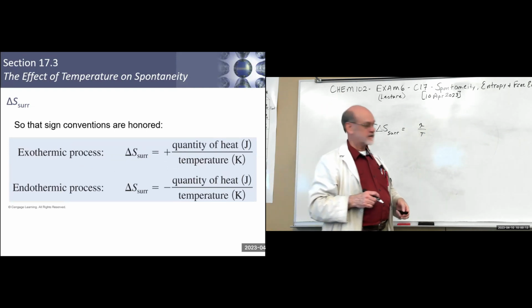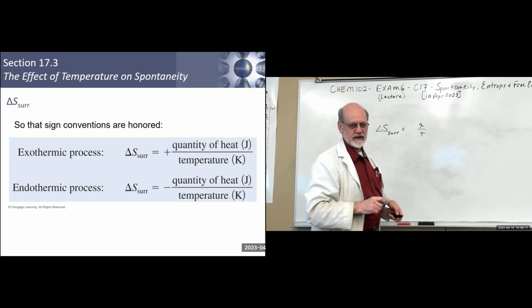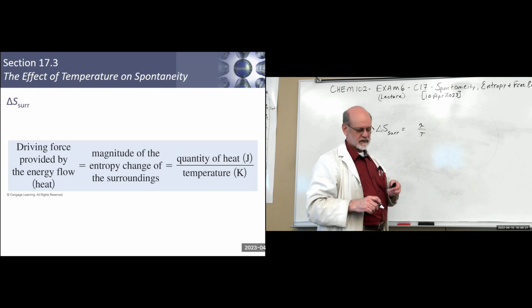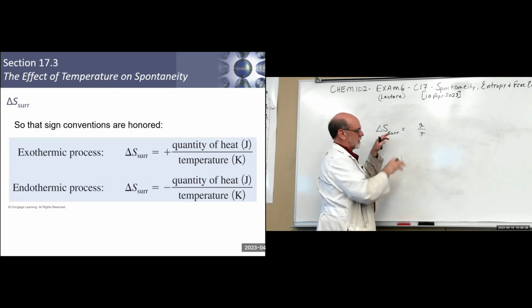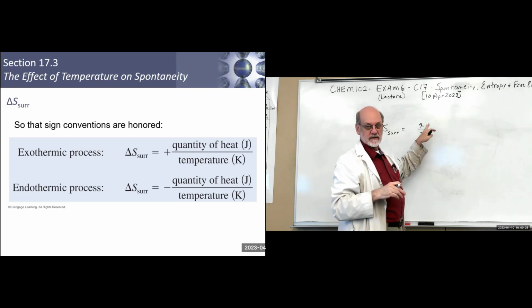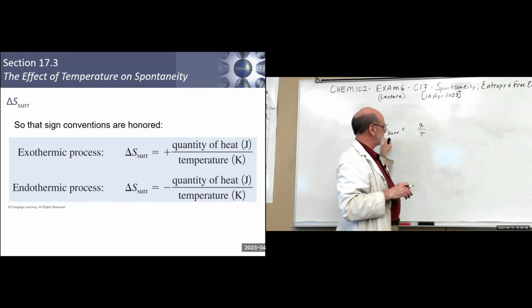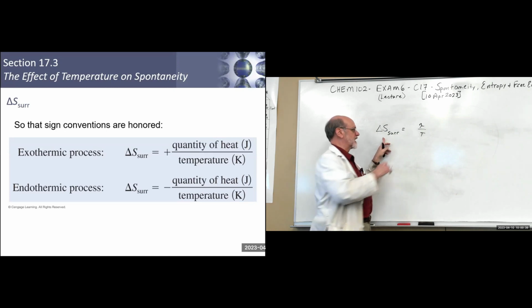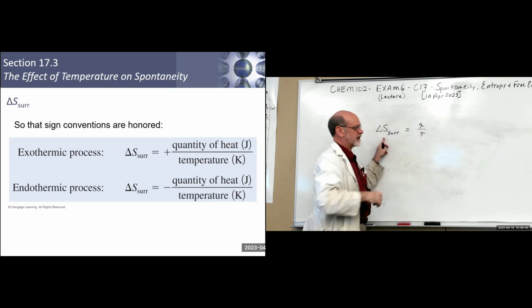We're going to see a change in entropy for the surroundings dependent upon whether the heat transfer is high and the temperature is low, then this value is going to be large. This is easier to understand, I think, than all that wordy stuff to begin with.